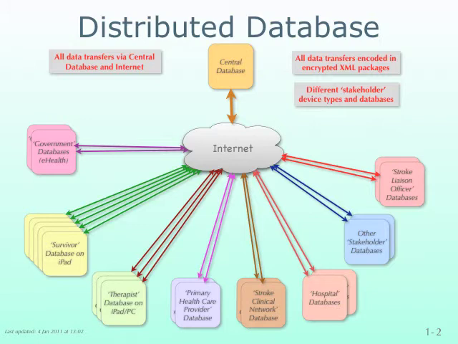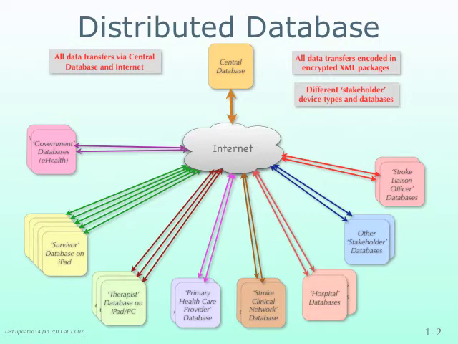There will be a number of different groups or types of peripheral computers. Basically, one type for each stakeholder group associated with the Stroke Rehab App. Each type will contain selections of data from the central database that are relevant only to individual members of that stakeholder group.